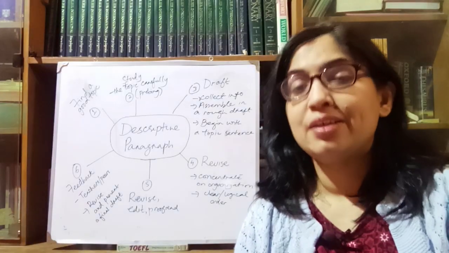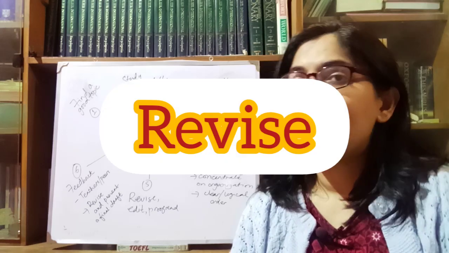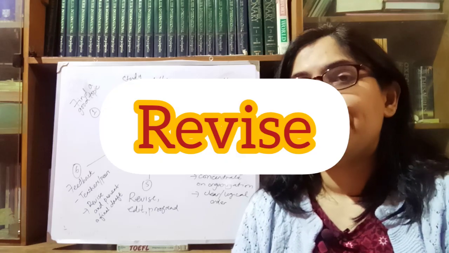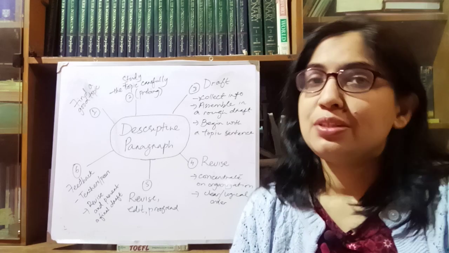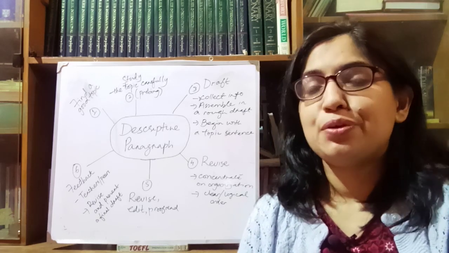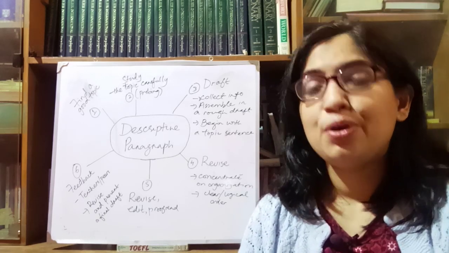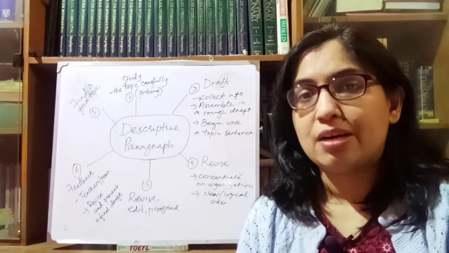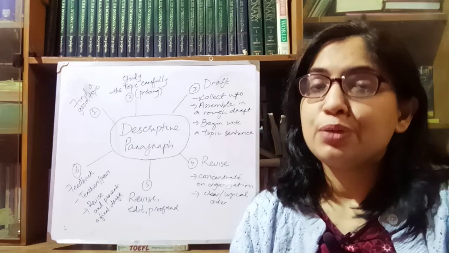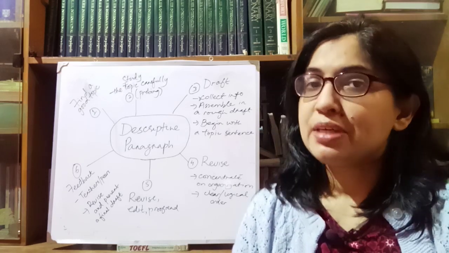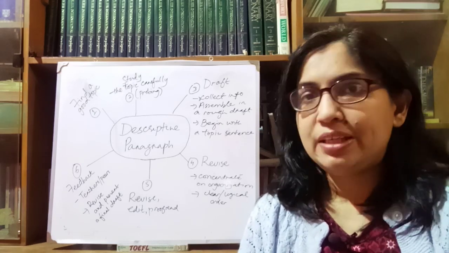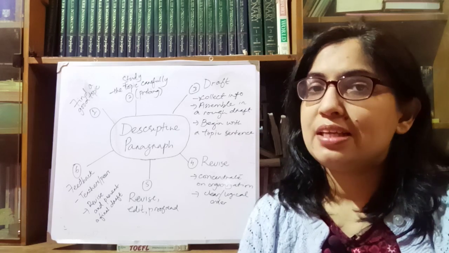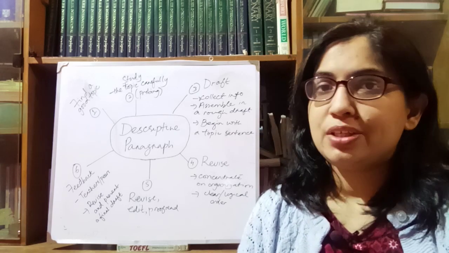Step number 4, revise. Once you have written a first draft, now it is your responsibility to see what is the organization of all the ideas that you have jotted down, all the ideas that you have written together in a paragraph form in your first draft. So is it logical? Is the order logical or not? Is it making sense to you or to any reader? So you have to organize things in a sequence, in a logical manner.